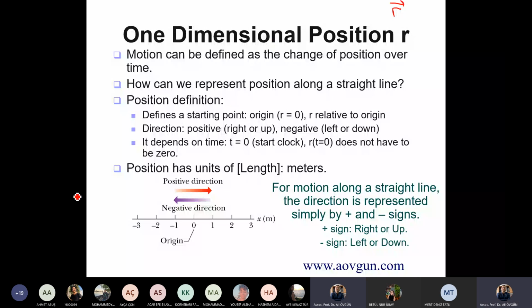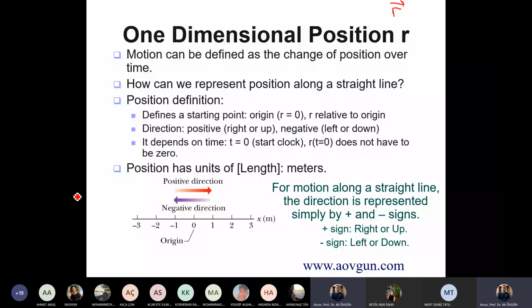How can we represent motion? First of all, you must define a starting point, also known as the origin. The origin is our zero point. Relative to the origin, position can be right, up, or left, down.